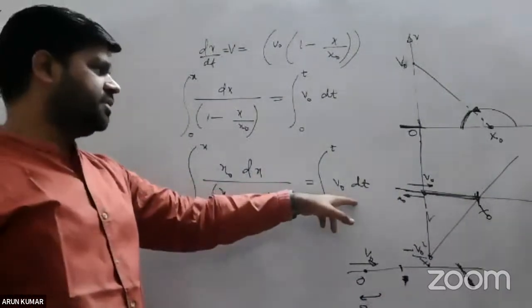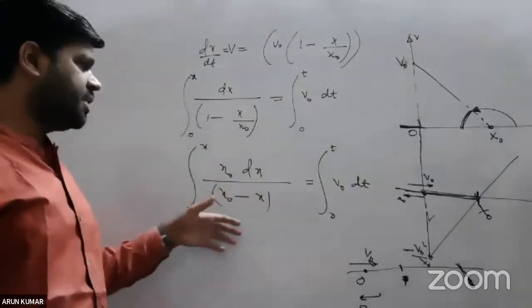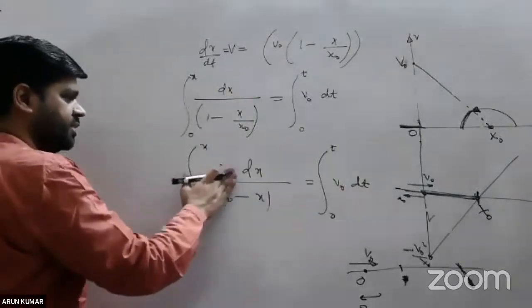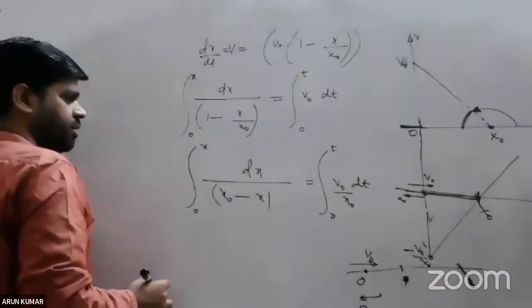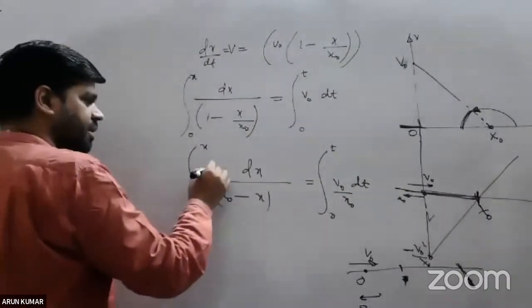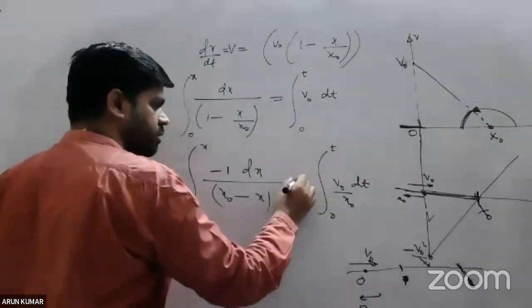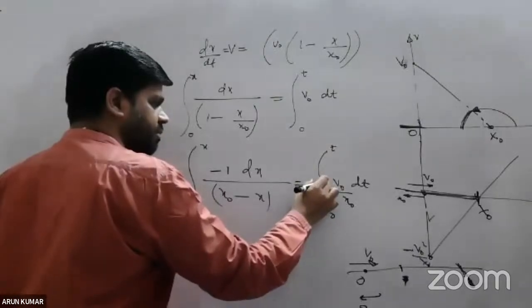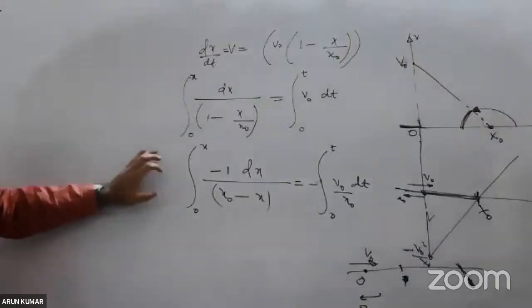See, right hand side is dt, left hand side is dx. When I solve this integral, I get x as a function of t. Now x naught goes over there. If I multiply with minus 1 on both sides, what is this integral?